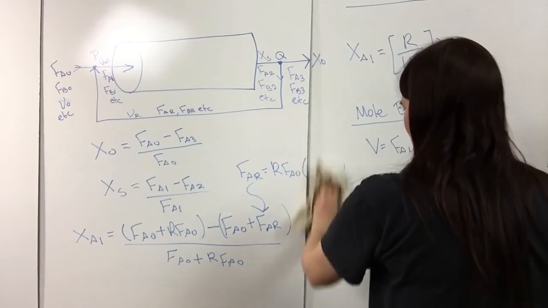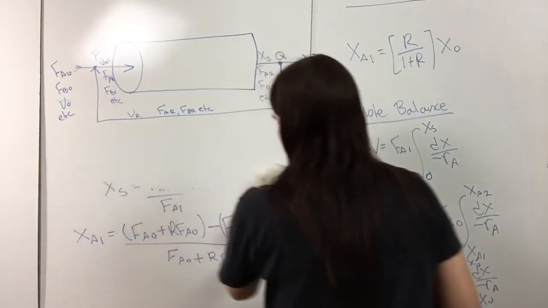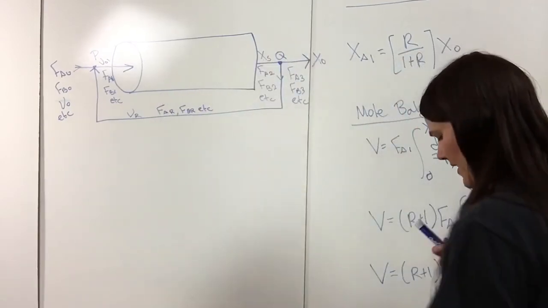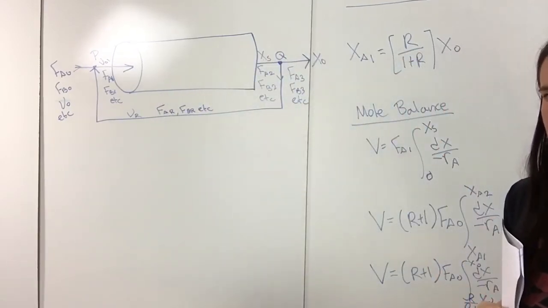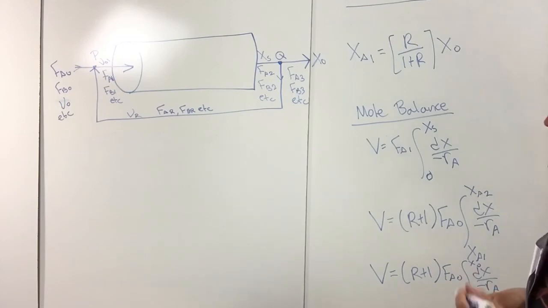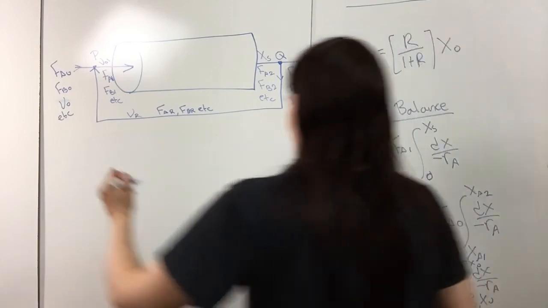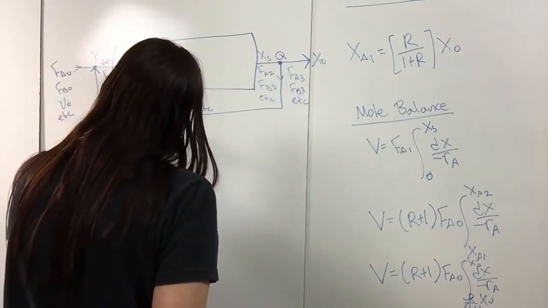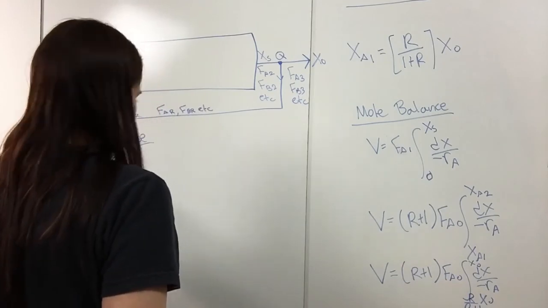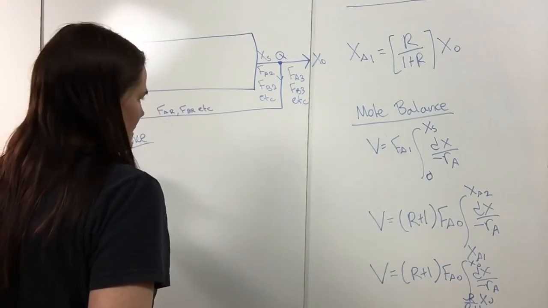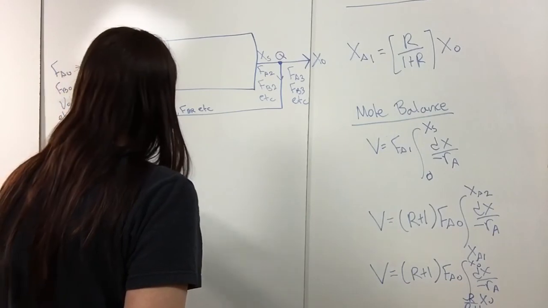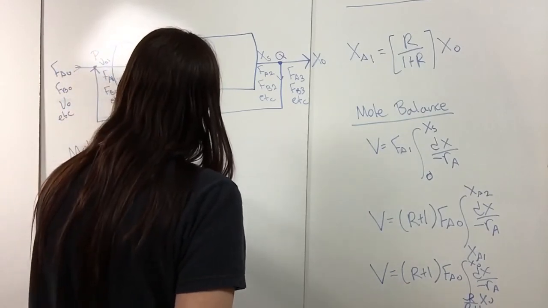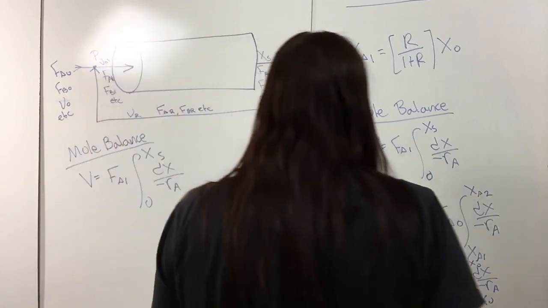So then I'm just going to summarize these two equations real quick, because you can use either one of them to solve this problem. You just need to make sure that depending on which one you use, you're using the right concentrations in your rate law. So we have the mole balance, V equals the integral from 0 to XS of dx over minus RA.